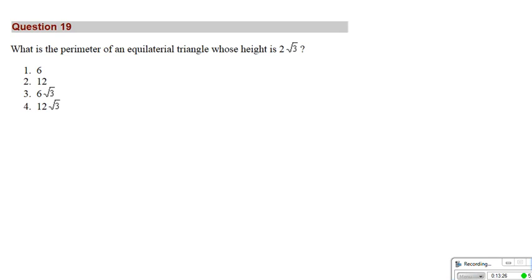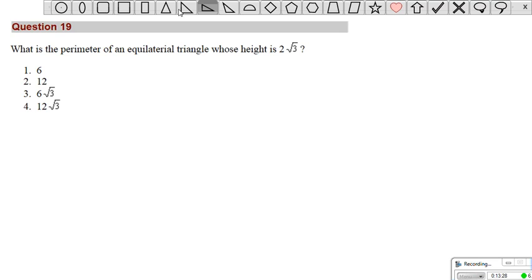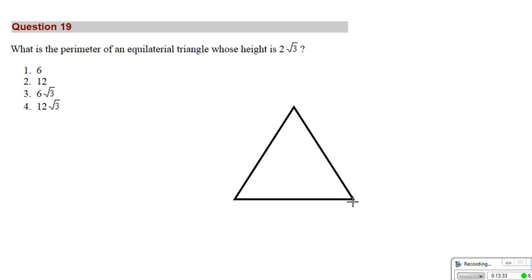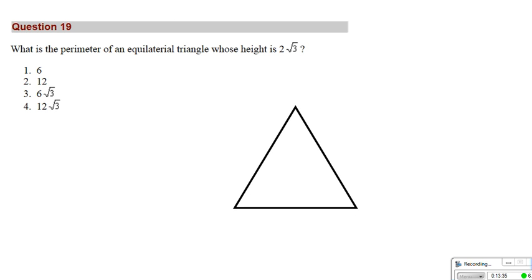Alright, so number 19 here. We have an equilateral triangle. Now, the height is 2 radical 3. So this one is 2 radical 3.